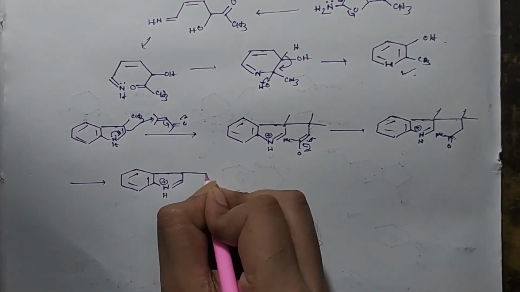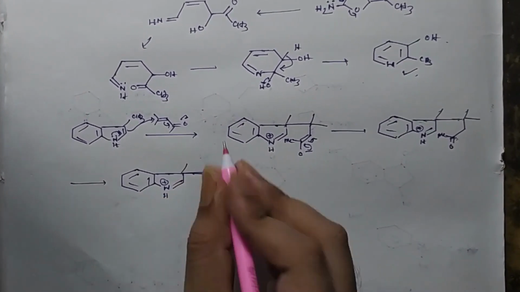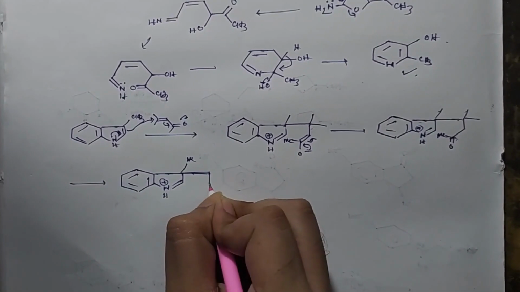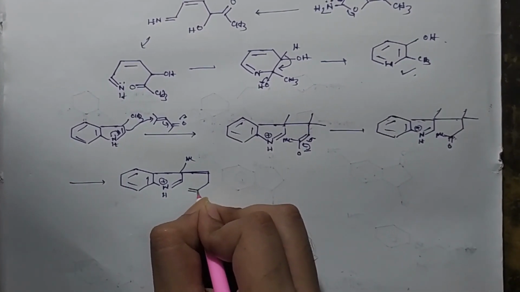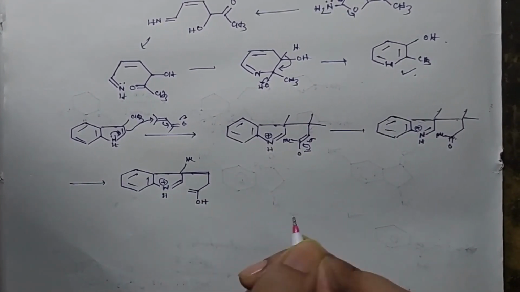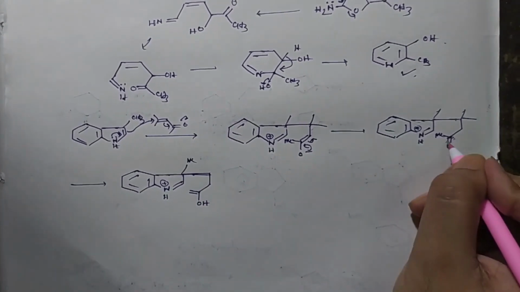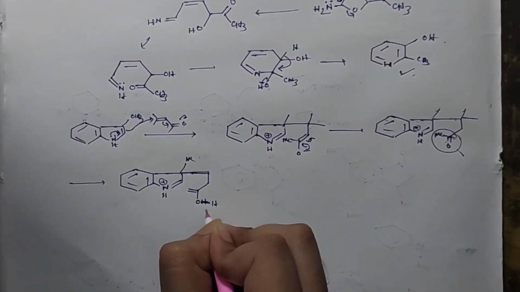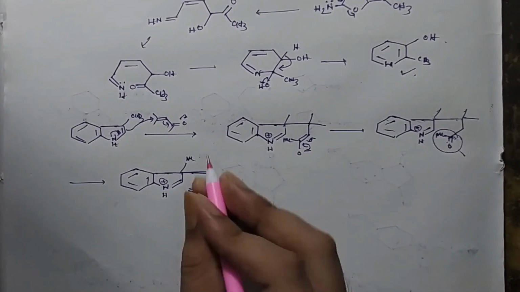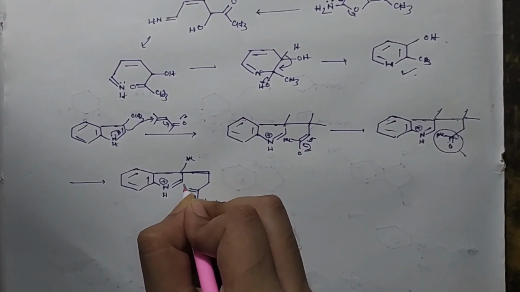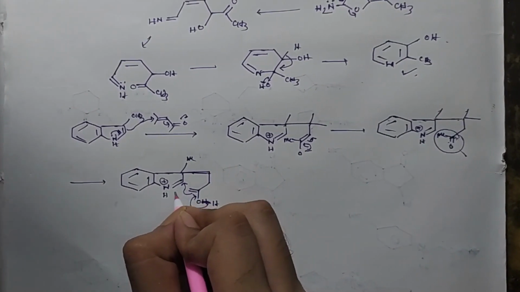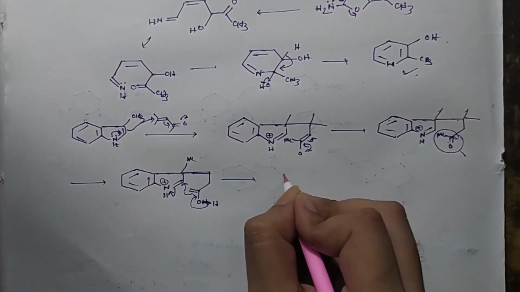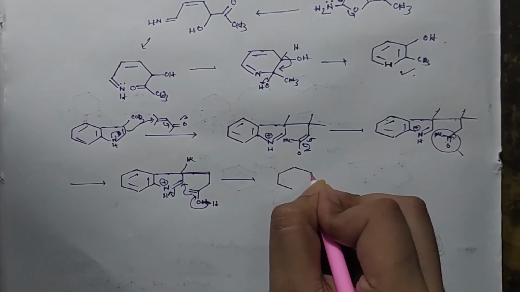So what we can get is the enol of this COMe moiety. Now if this enol breaks, that electron pair goes here, and that nitrogen will get back its electron. So we get a cyclized product.